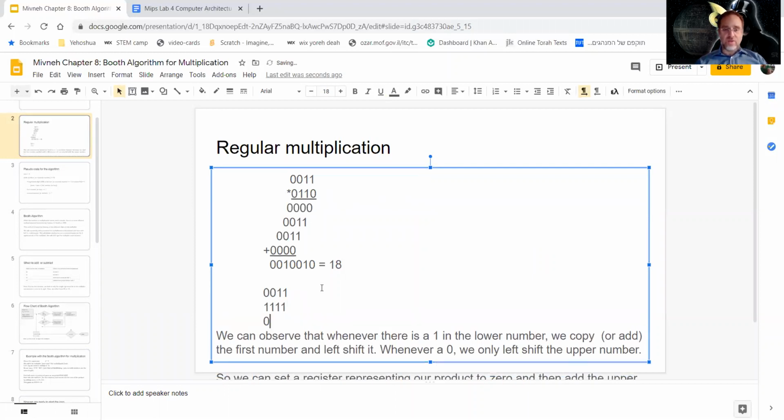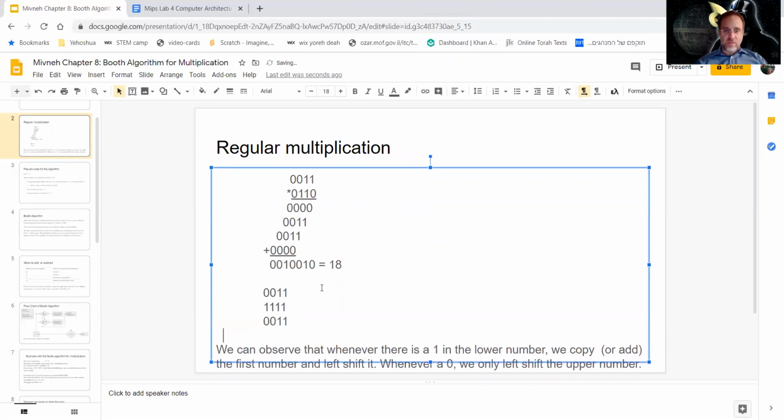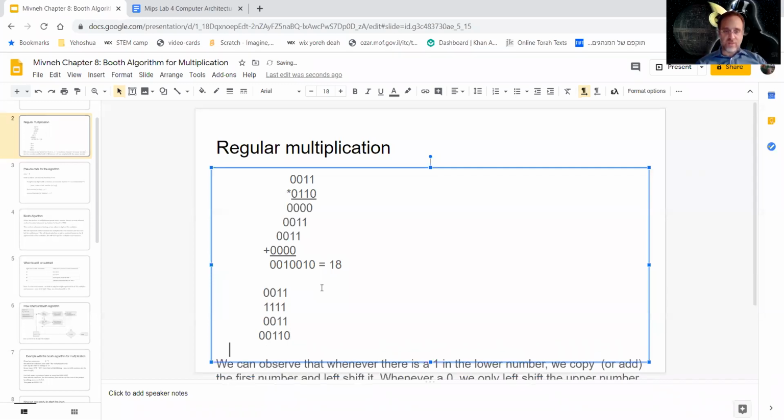We're going to get 0, 0, 1, 1 plus 0, 0, 1, 1, 0 plus 0, 0, 1, 1, 0, 0 plus 0, 0, 1, 1, 0, 0, 0.